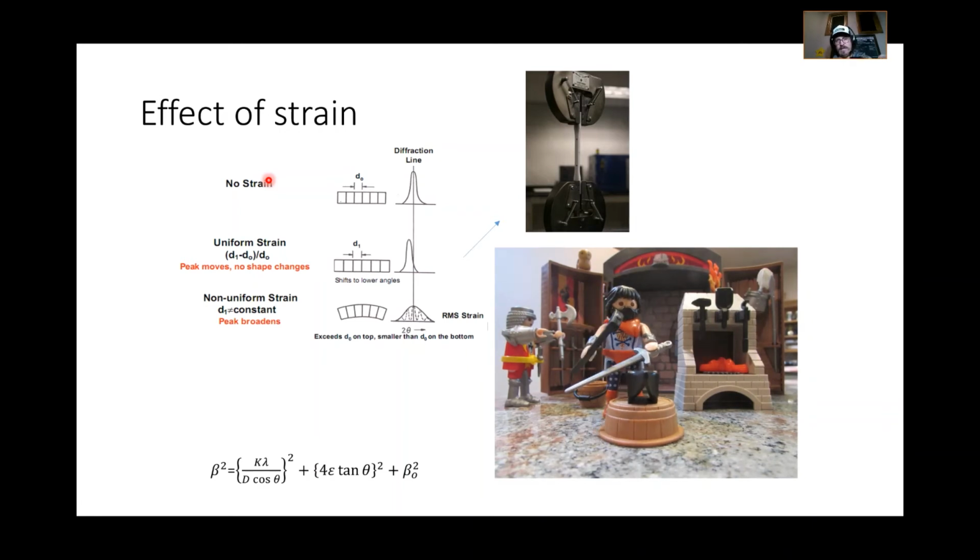Uniform strain would be like in a tensile test machine. So if I stretch it and don't break it, throw it in my XRD, I should see a peak shift to the left. If I bang it with a hammer, I would see peak broadening. Beta is peak width, in terms of 2 theta.